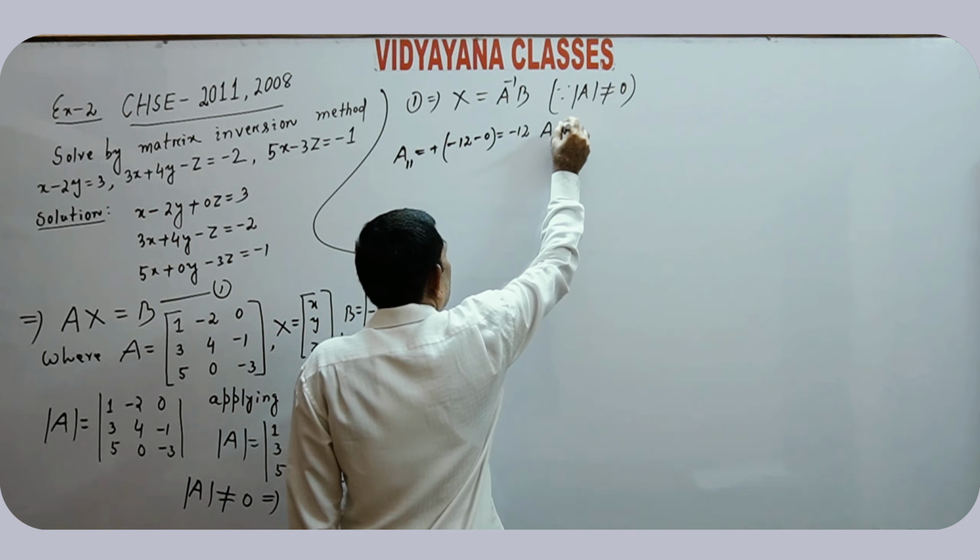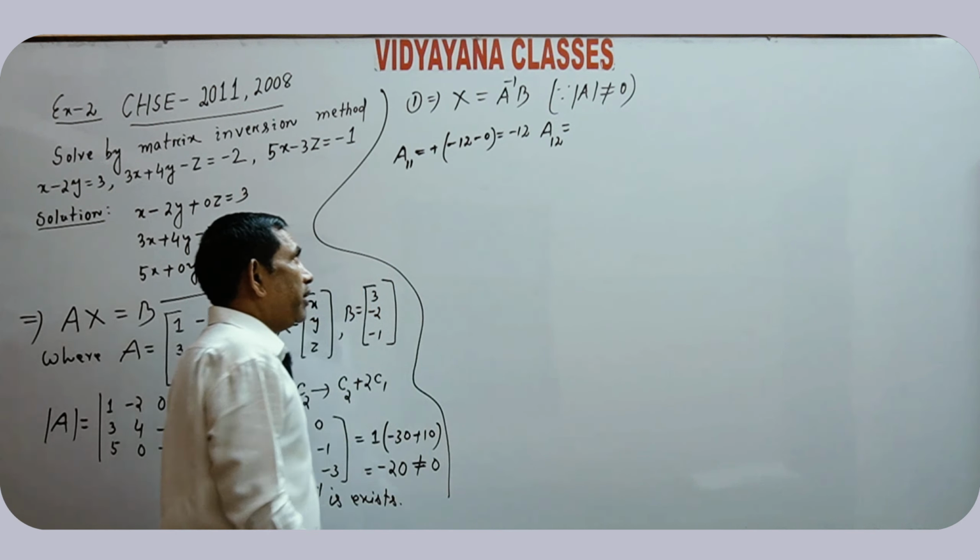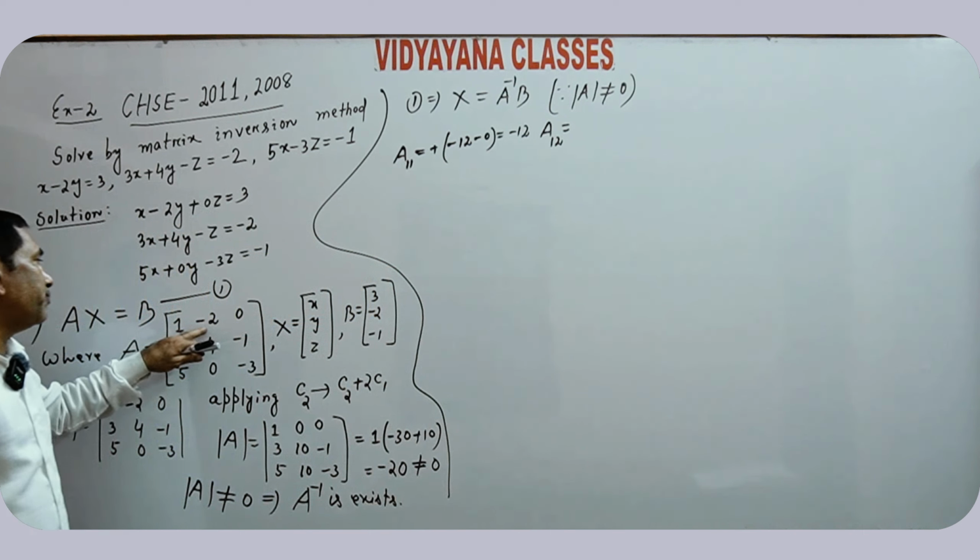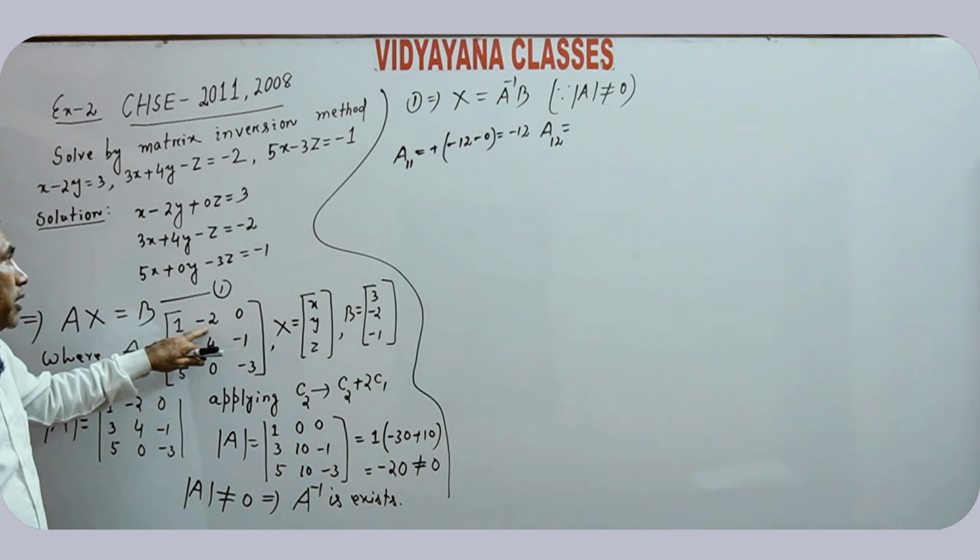A12, cofactor of the element of first row and second column.